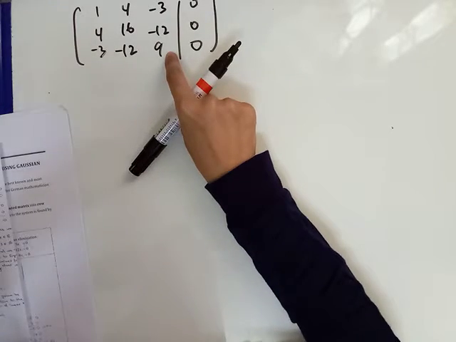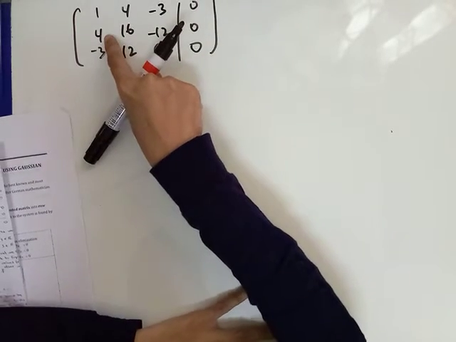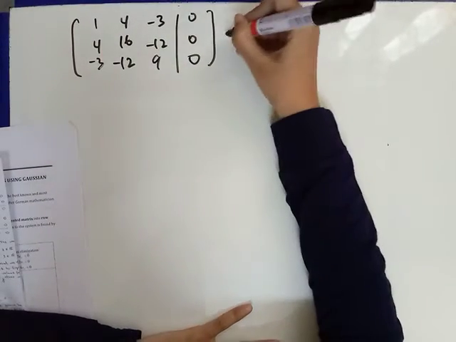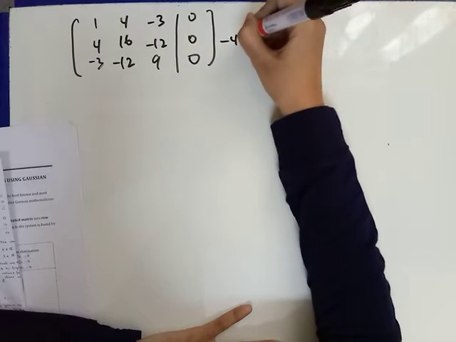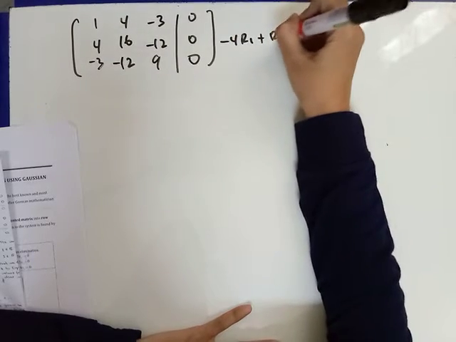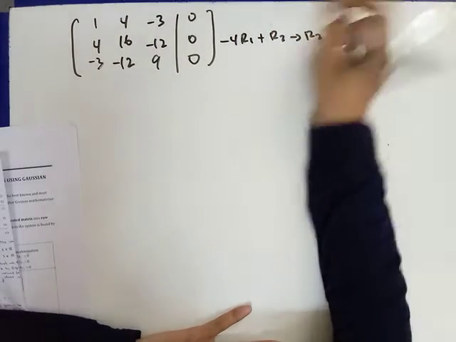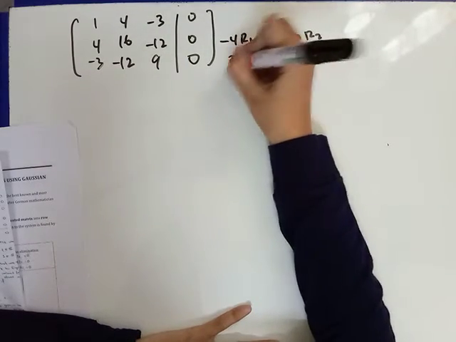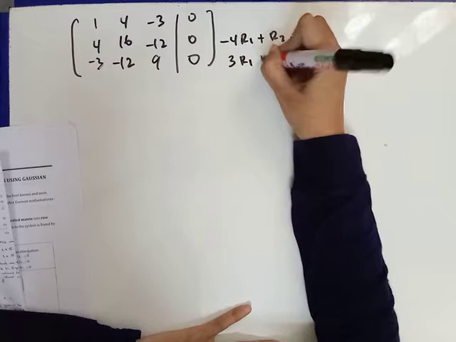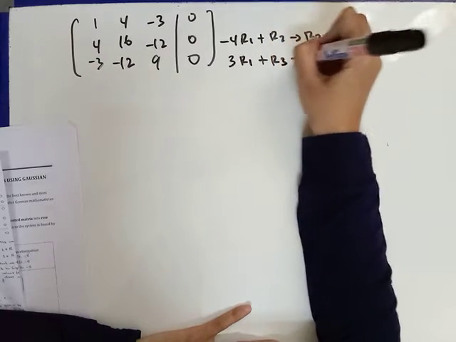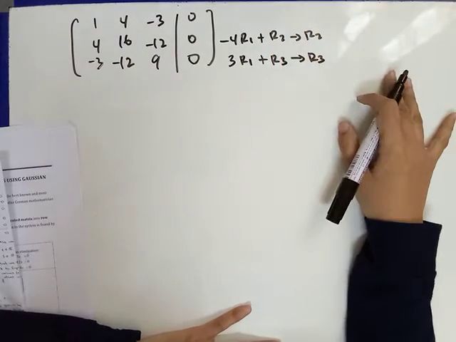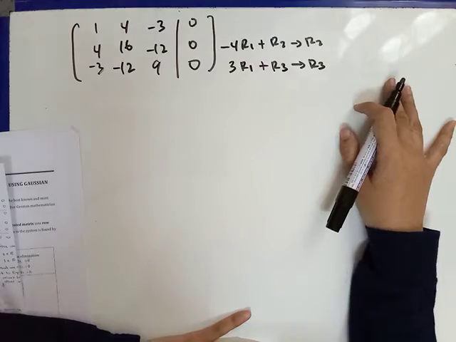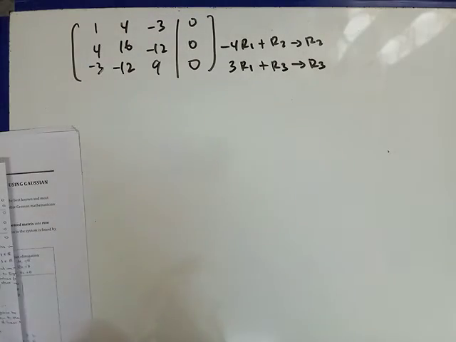The first step: because this is positive 4 here, we put negative 4 multiplied with row 1 plus row 2, and it goes to row 2. And then because this is negative 3, positive 3 multiplied with row 1 plus row 3 equals the new row 3. Then you need to calculate.